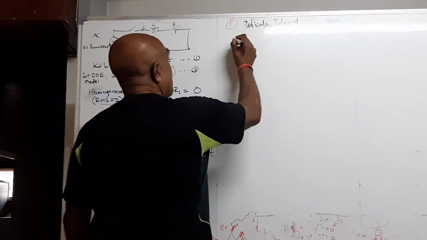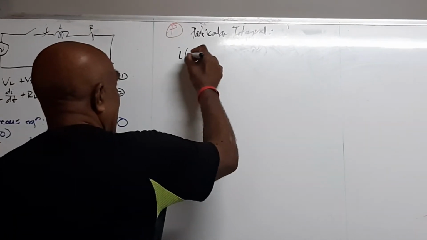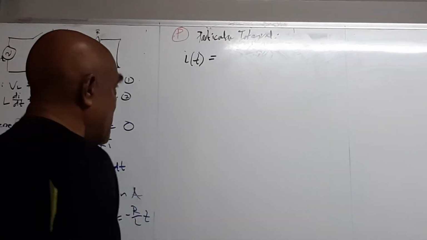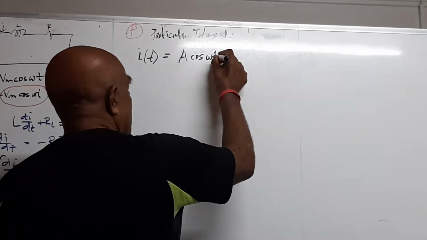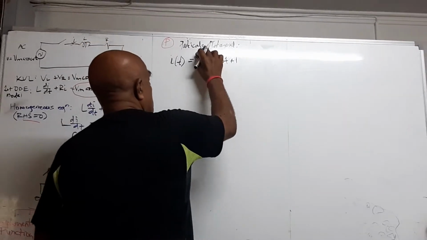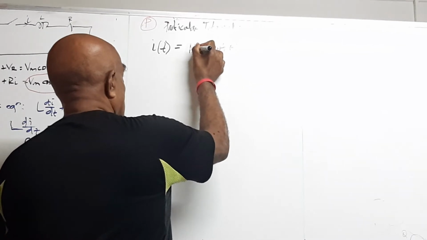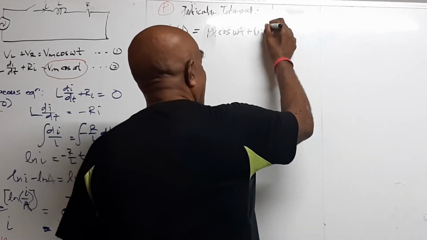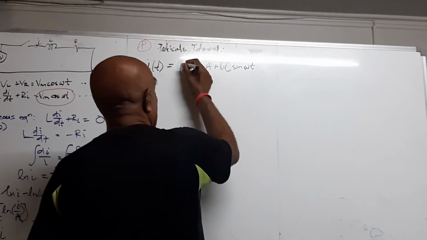So this tells us, when you work through that, to resolve this, to have i of t, because it consists of a sinusoidal function, it has got to have a constant, B cos omega t plus, sorry, just to be consistent with the notation in the notes, we will use B here, plus C sine omega t.